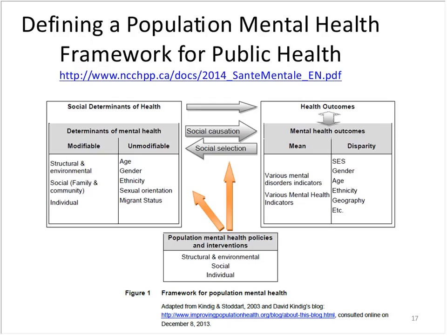And then in the box toward the bottom, we're seeing in this framework that it's possible to think about population mental health policies and interventions as being perhaps structural or social or individual. And I've already said in the scenario that maybe just given the kind of work that I do, I'm not so much interested in interventions at the individual level, but I want to find evidence that's related to social factors and structural kinds of interventions that might be helpful.